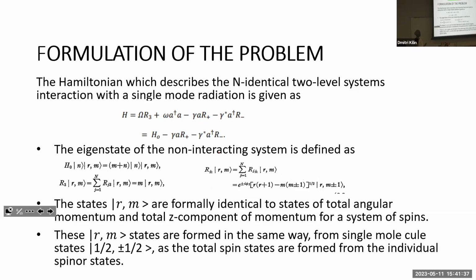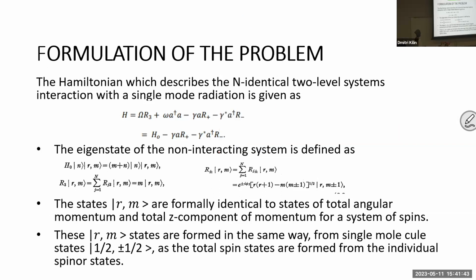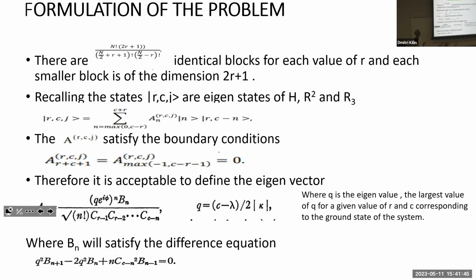So if you assume that our state is this, so this is also m, but your m is c minus n. So we are making the summation of all the states here for n two-level systems.